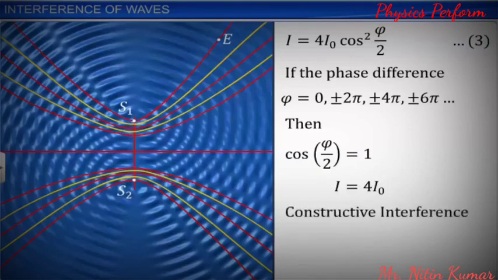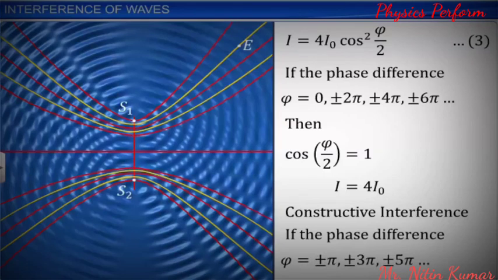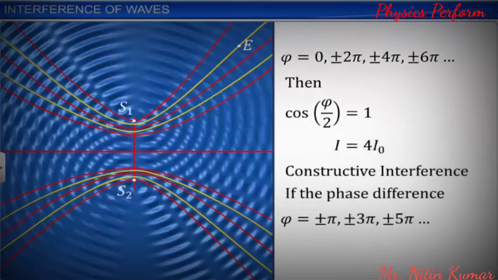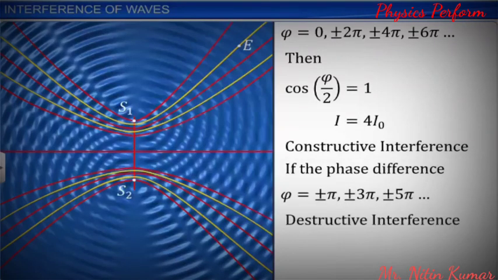If the phase difference phi is equal to plus or minus pi, or plus or minus 3 pi, and so on, we will have destructive interference leading to zero intensity. These points are the interference minima. This represents the general condition for destructive interference in terms of phase difference.